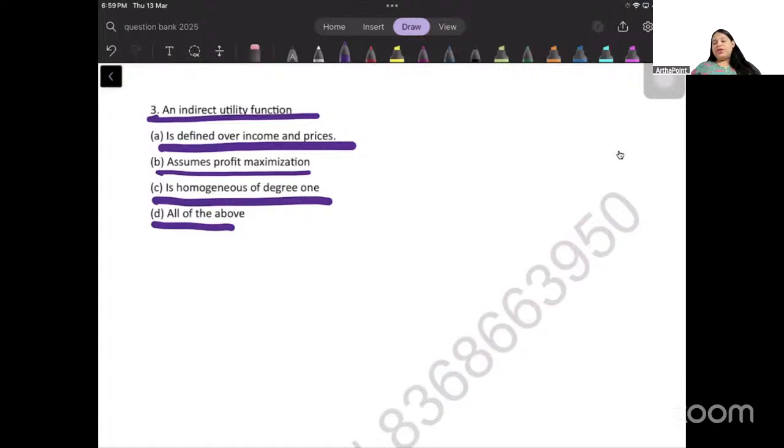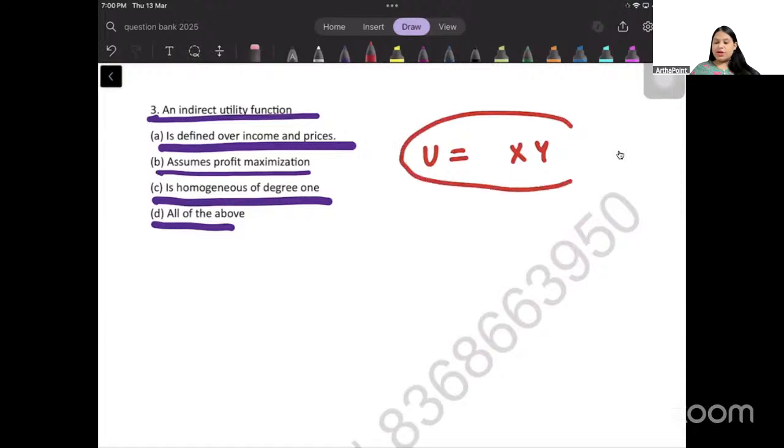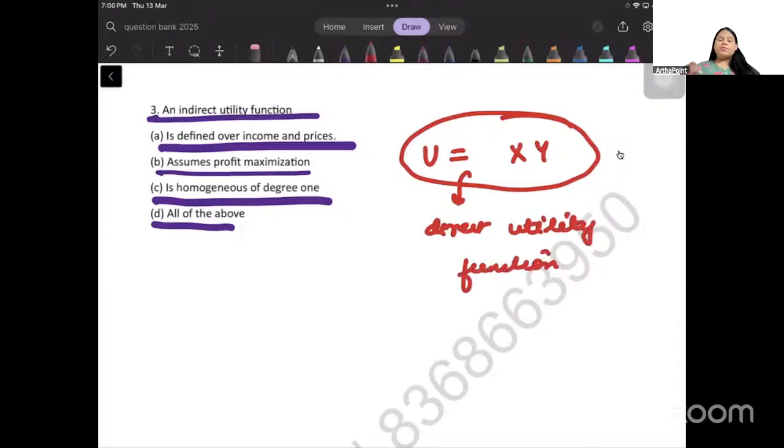ठीक है, तो देख लेते हैं जरा बेटा. सो यू रिमेंबर व्हेन माय यूटिलिटी फंक्शन वाज xy, इस यूटिलिटी फंक्शन को वी वर कॉलिंग एज डायरेक्ट यूटिलिटी फंक्शन. u equal to xy was called as direct utility function.